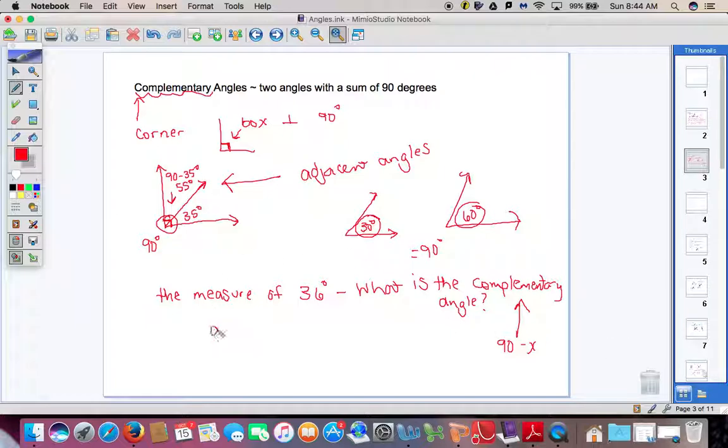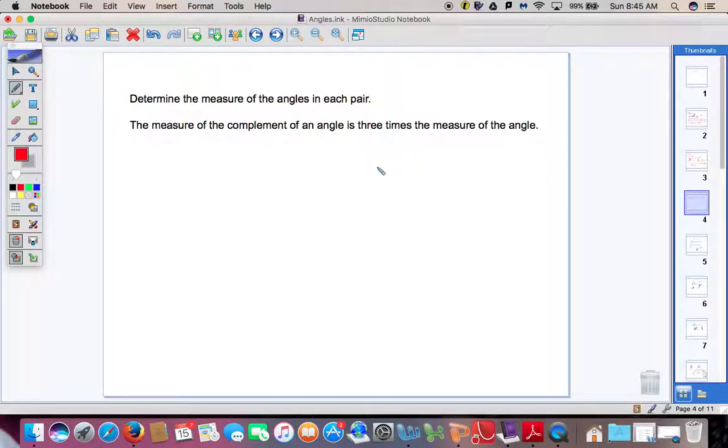So we would say 90 minus 36, and you would get that that equals 54 degrees. So whenever you're looking for the complementary angle, you're simply taking the measure of the angle and subtracting it from 90 degrees. Now, the trickiest part of these are word problems.